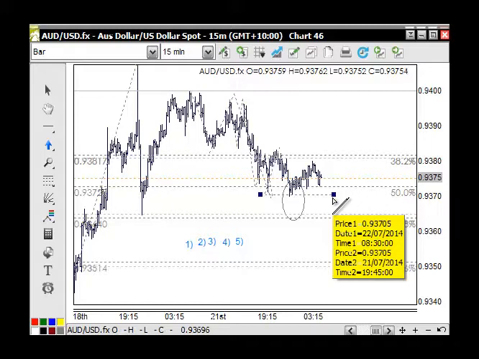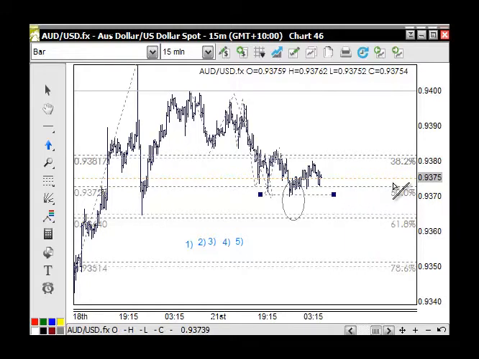So what we can do is look at these numbers here. If the 93.72 becomes the retested resistance, then we can look to short there. We can also look to add at 93.65, which is here, this group 2.